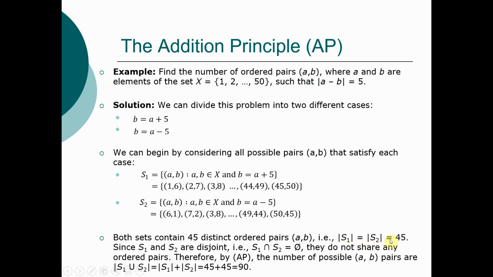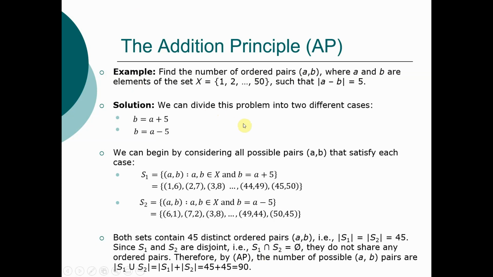The number of elements of S2 is 45. These two are disjoint, meaning S1 intersection S2 is an empty set, as they do not share any element. So therefore, by the addition principle, the number of possible pairs of A and B is 45 plus 45, which is equal to 90.